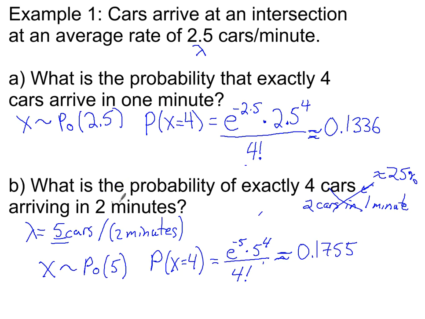And so when we're doing a Poisson problem and your lambda doesn't match the time frame that you have, or that denominator doesn't match exactly, you need to scale up your lambda or scale down your lambda to match that, rather than sort of thinking about it the other way, changing the parameters of the problem itself. Okay, so that's just a kind of a gotcha. Watch out for that. That's an easy mistake to make.